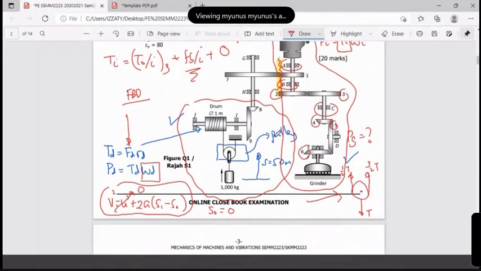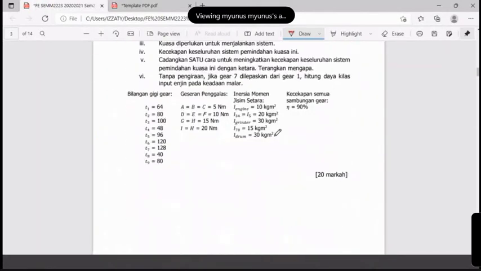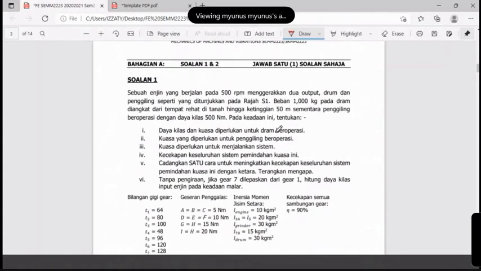Okay, so we move to the next one. This one is in Bahasa. So remember this: if you look at the Bahasa Melayu text and you find any numbers or data that contradict the English, English is the prime.